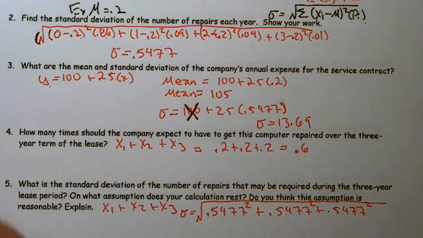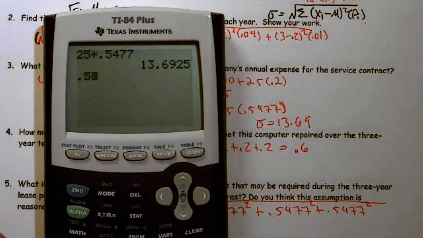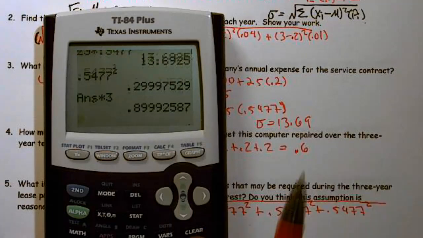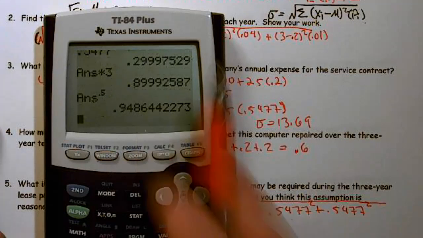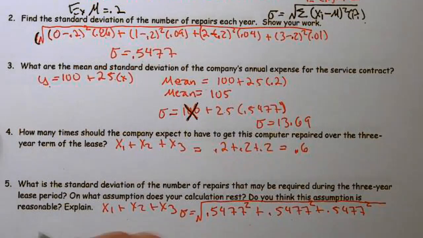So let's try this out: 0.5477, I'm going to square it, enter, and multiply that by 3 because that's 1, 2, 3 of them, and take the square root of that. And I end up getting 0.9486.